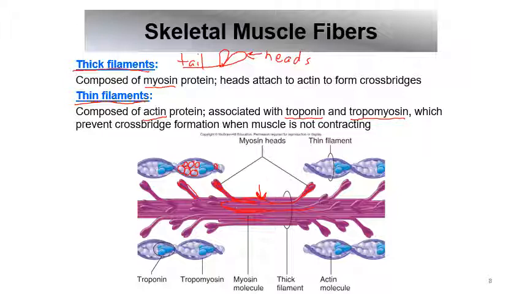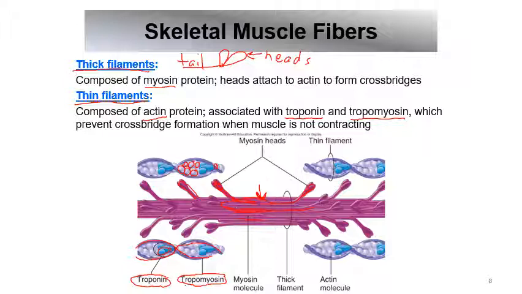Now in this picture, and they labeled it over here, on the next slide we're going to see a better picture of this. Tropomyosin is this long rope-like shape, or this protein that sits on top of the thin filaments. Okay, but then the troponins. Troponins are these smaller proteins that are attached to the tropomyosins, and they're also sitting on top of these thin filaments.